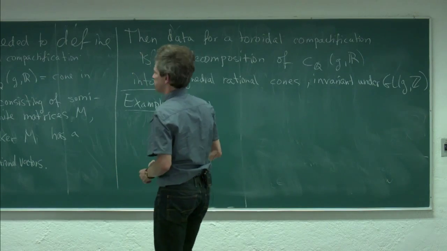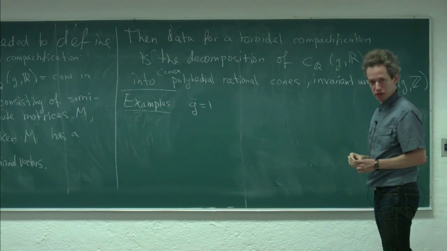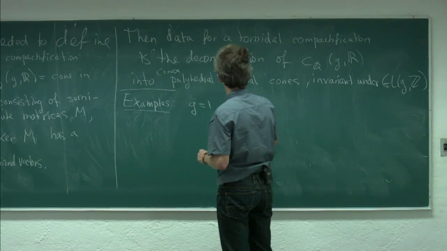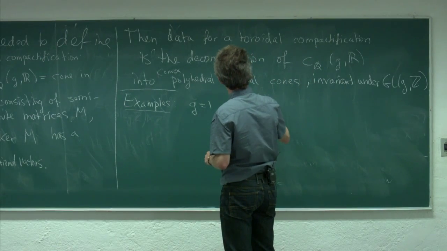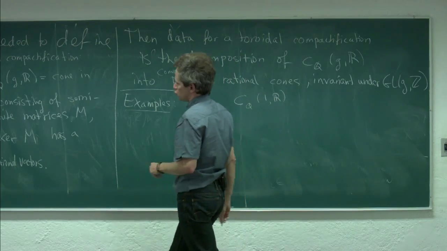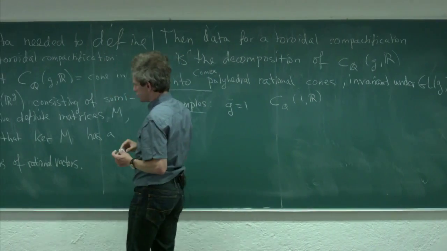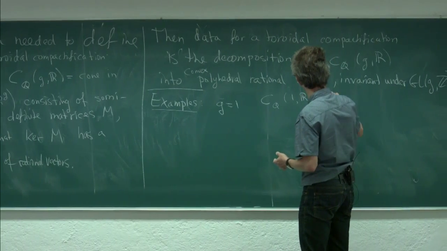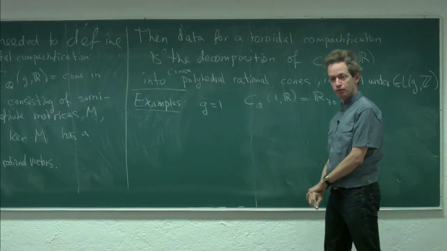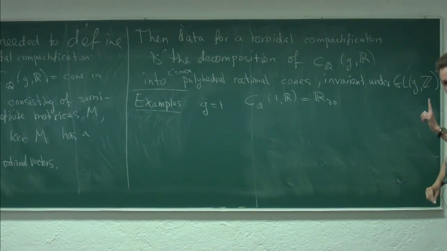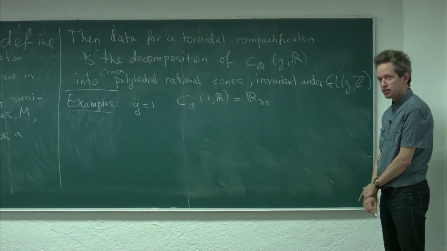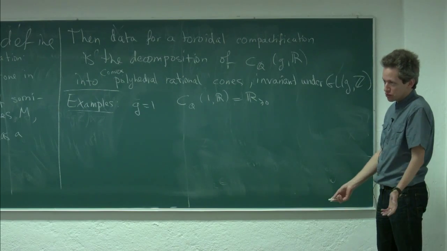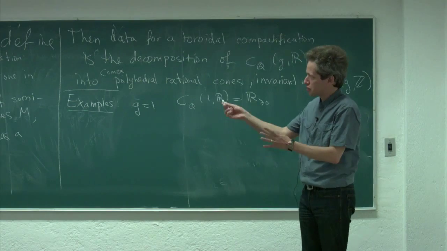G equal to 1. We should start with that, right? We always start with that. That should not be tough. So what is this cone of 1 by 1 semi-positive definite matrices with a rational kernel? That's a fancy name for r greater than or equal to 0. It's one number, and it has to be semi-positive definite, which means non-negative. And if it's 0, it's 0. The kernel is anything, the rationality condition is boring.